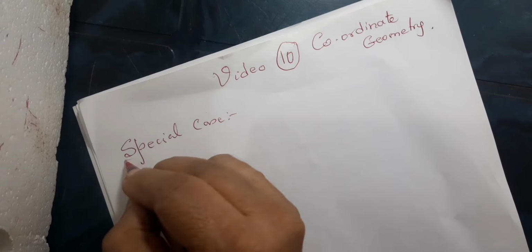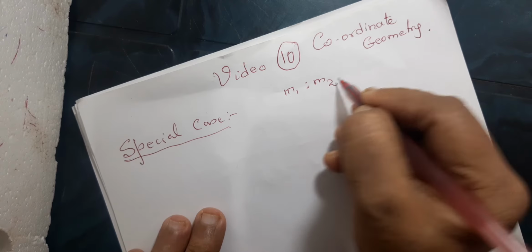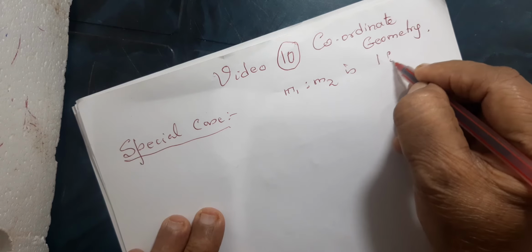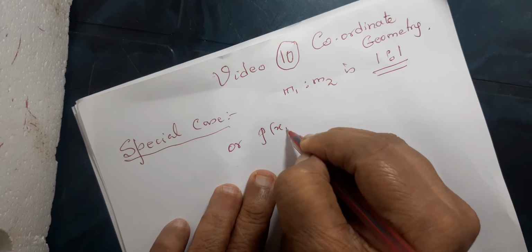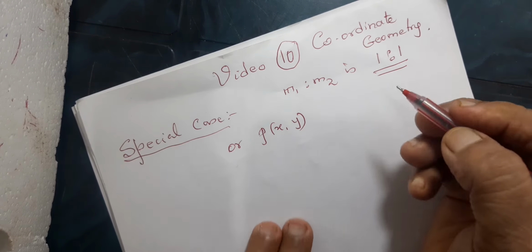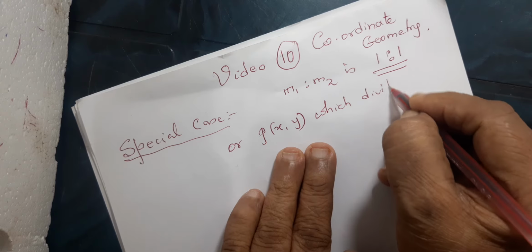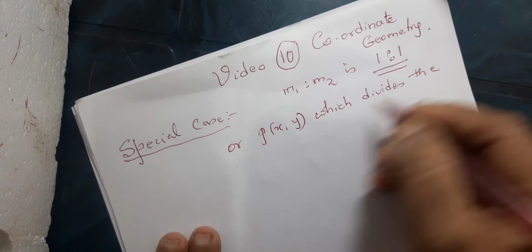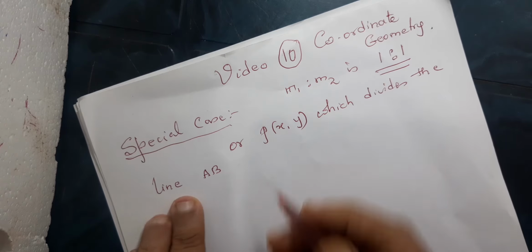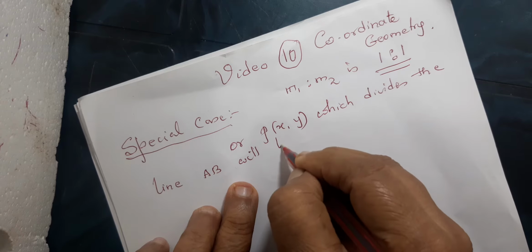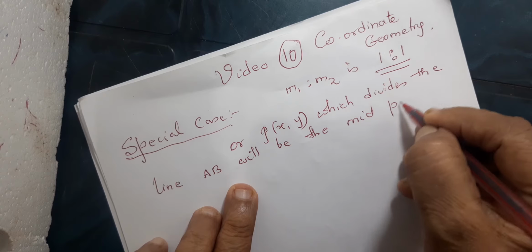So what is the special case? The special case is, if the ratio m1 is to m2 is 1 is to 1, then the point P of xy which divides the line AB will be the midpoint of AB.